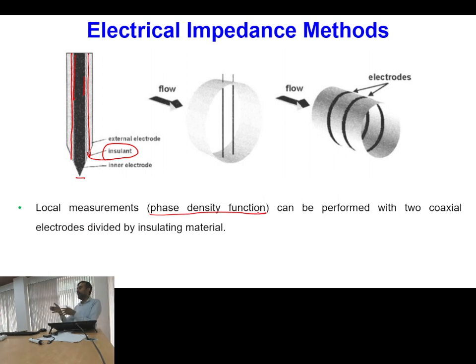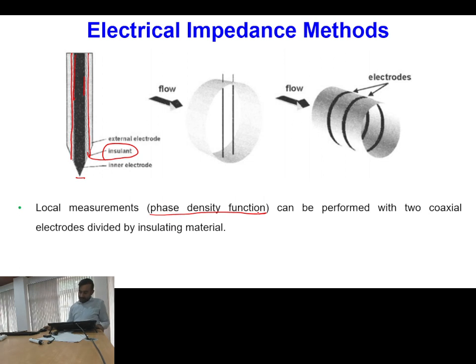If you have a current signal in the circuit, it means you have a conductive fluid. If you don't have current, it means you have the non-conducting fluid. So you can employ this only for systems where the electrical conductivity of the two fluids is different.